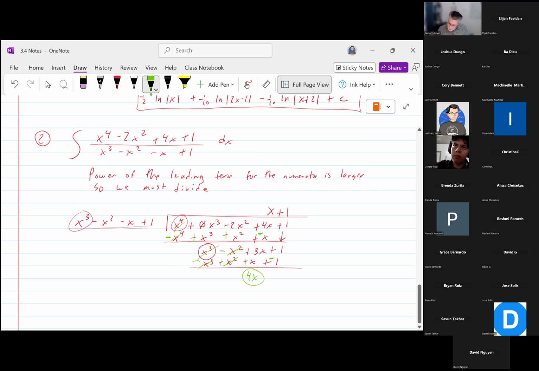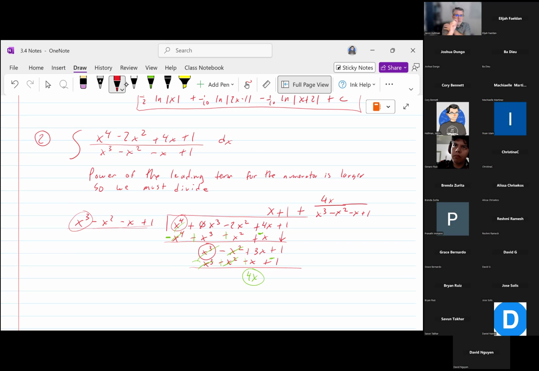So how do I write my remainder? Well, I'm going to write it as a fraction. This becomes 4x over x cubed minus x squared minus x plus 1, because that's the remainder. That's okay.